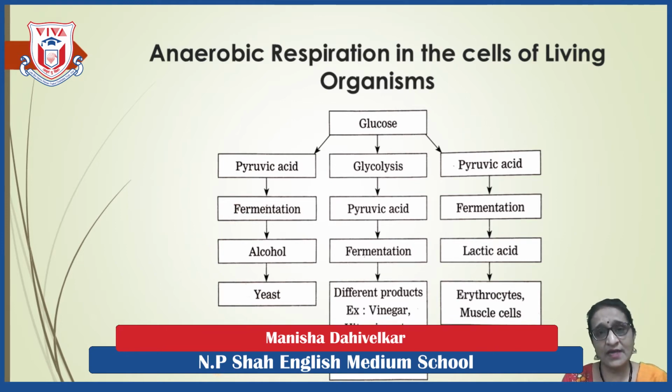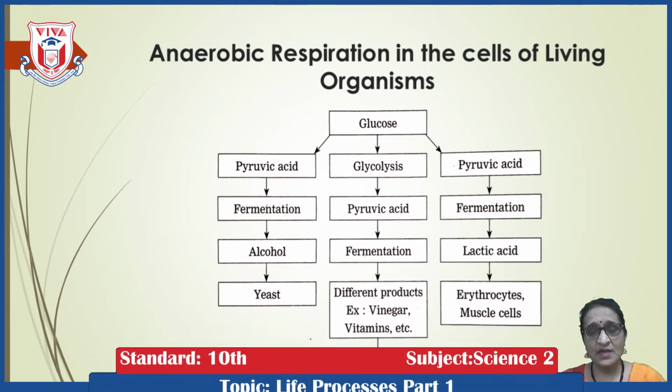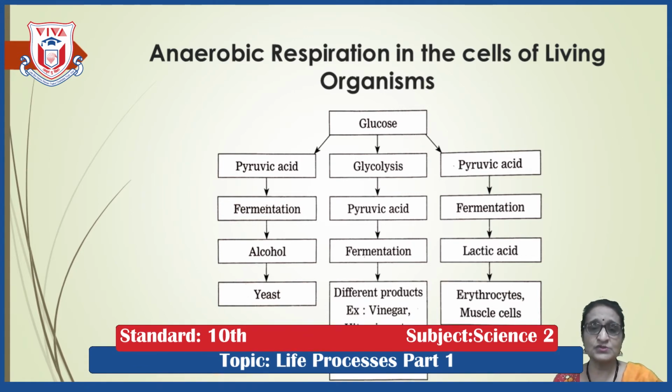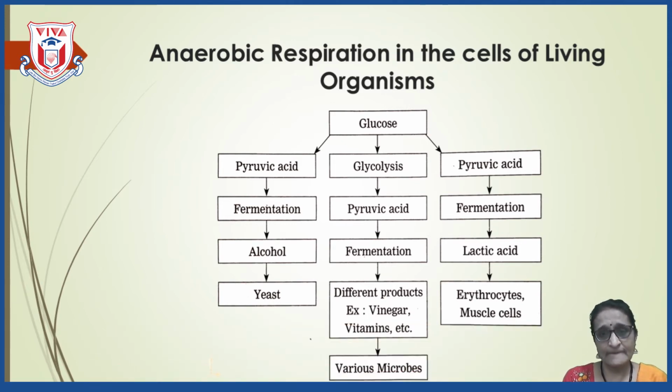Now, other than that, there are some animals and even humans who also perform anaerobic respiration. Here you will see that anaerobic respiration takes place in microorganisms like yeast, which is actually a useful microbe you have studied last year.